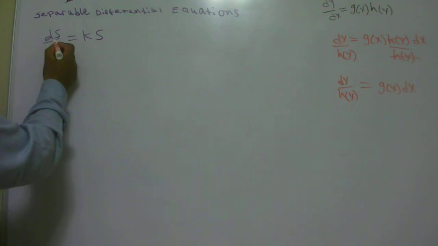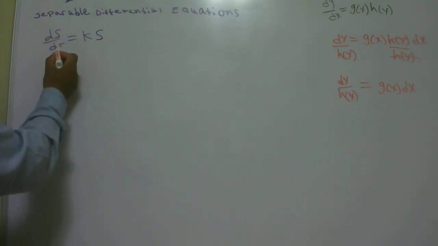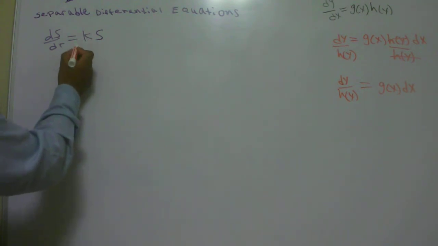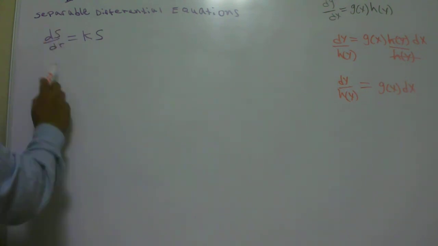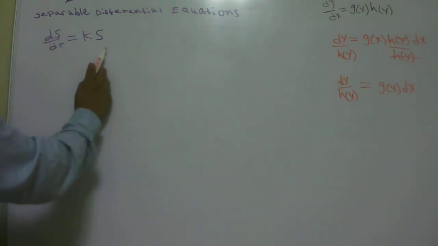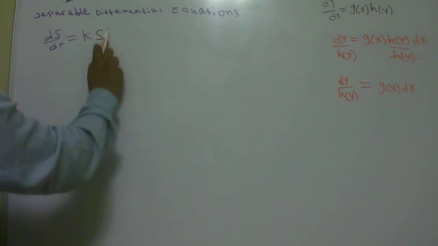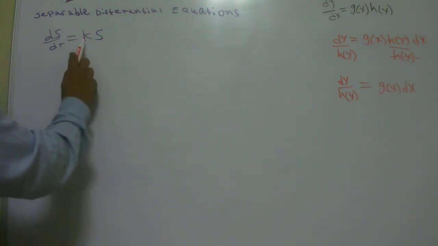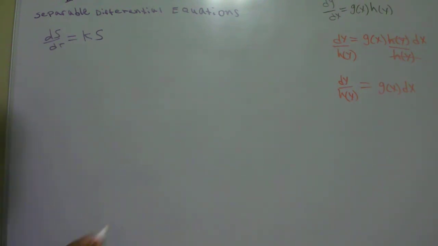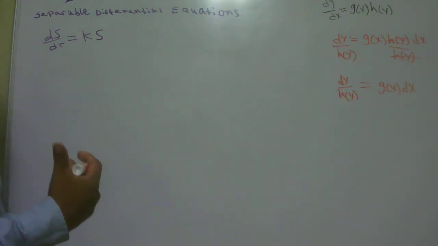I have ds over dr is equal to ks. So now I have a derivative, and on the other side a function of s, with a k acting like a constant. So k is basically a number.